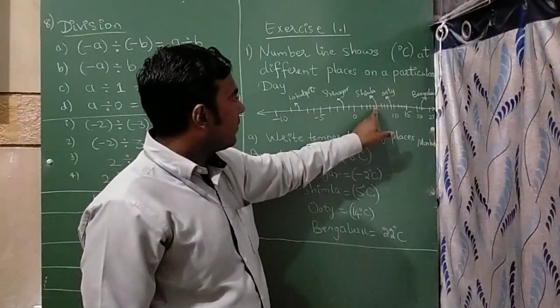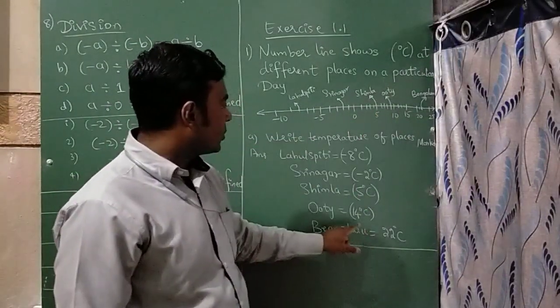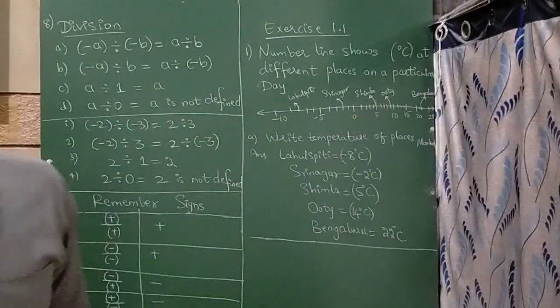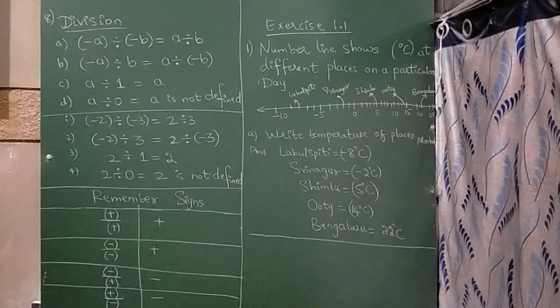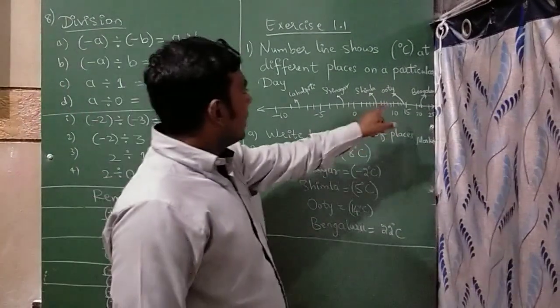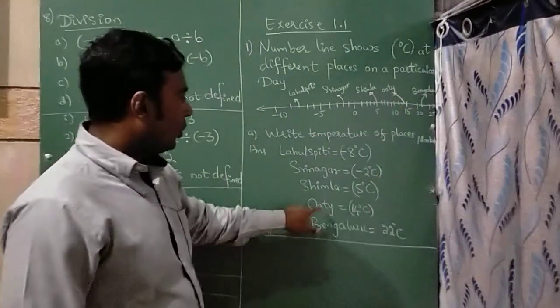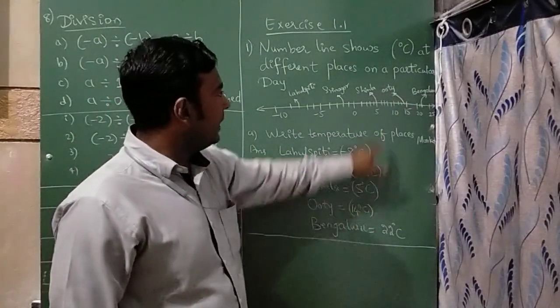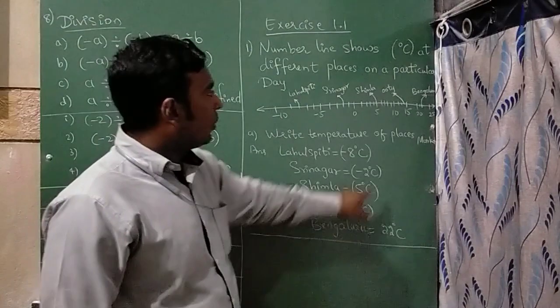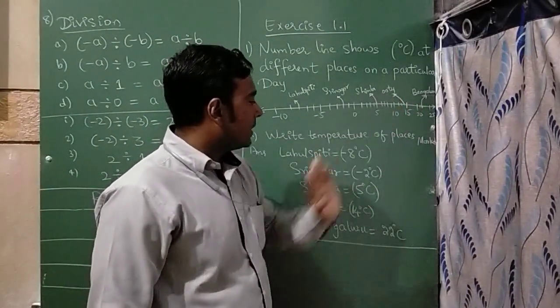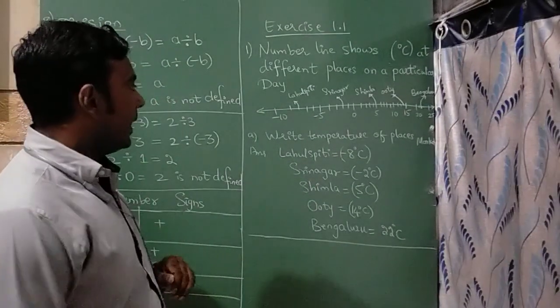Next one is Ooty. 10, 11, 12, 13, 14. So Ooty is 14 degrees Celsius. Now Bengaluru: 20, 21, 22. 22 degrees Celsius. Let's move on to the next question.